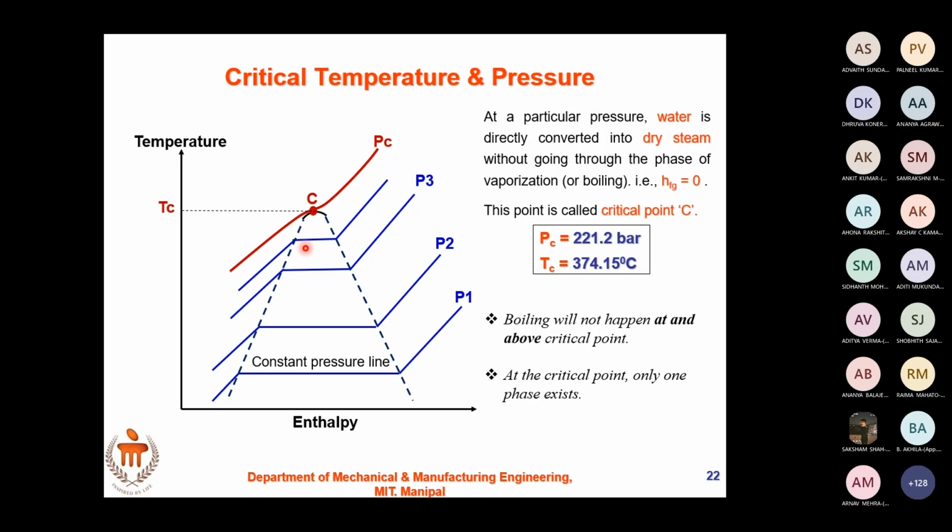At this point, I have saturated water, and here I have saturated vapor. And here in this part, the right-hand side of the vapor dome, I have completely only one phase, which is vapor. But between them, inside the vapor dome, I have a mixture of both liquid as well as vapor. When you are operating your boilers at critical pressure, what will happen?